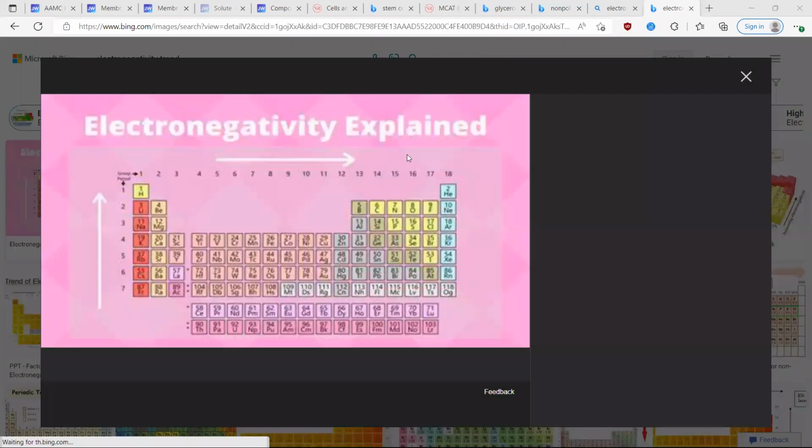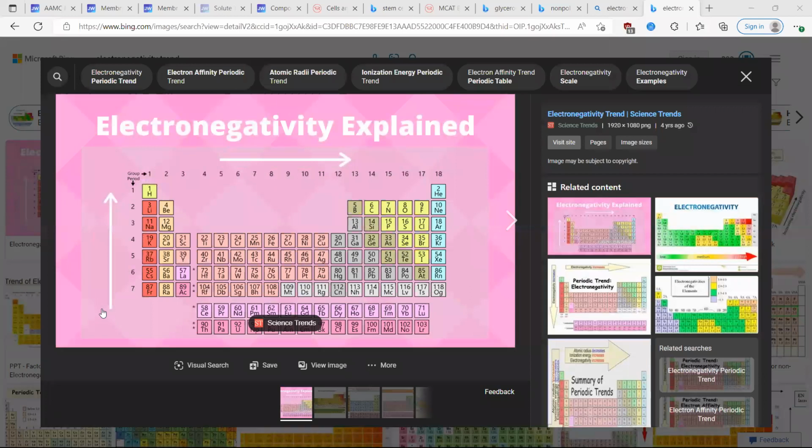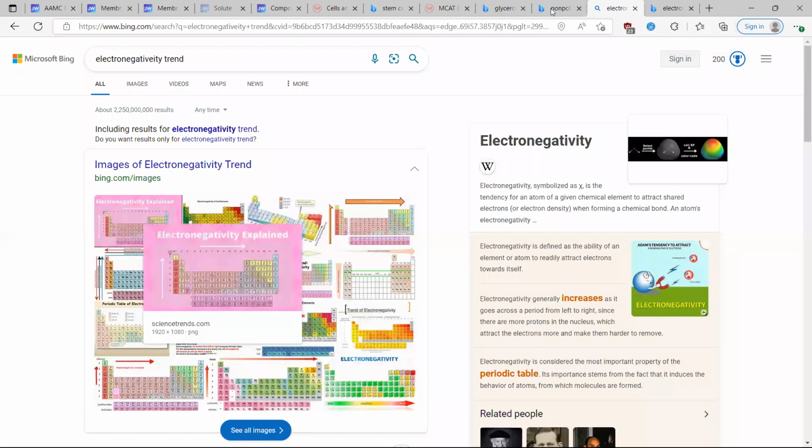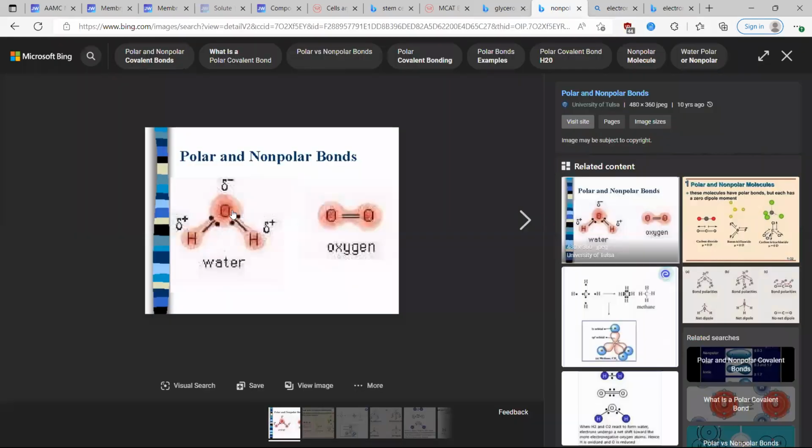When we talk about electronegativity, if we look at the periodic table, electronegativity increases going towards the right of the table. So the most electronegative elements are oxygen and fluorine. Between oxygen and hydrogen, oxygen is the more electronegative one. And then we have this little symbol, the delta and a negative, the charge, right?